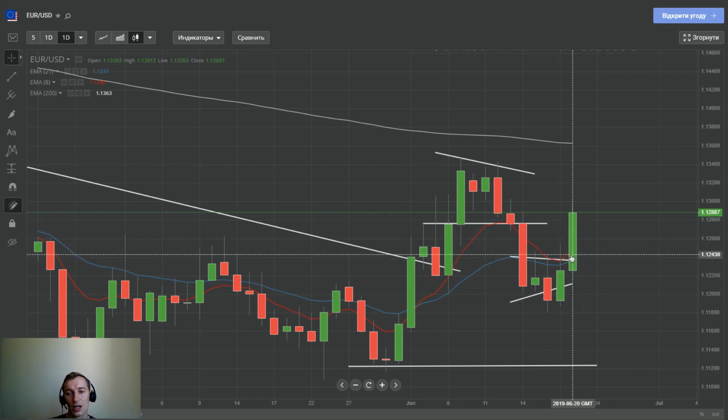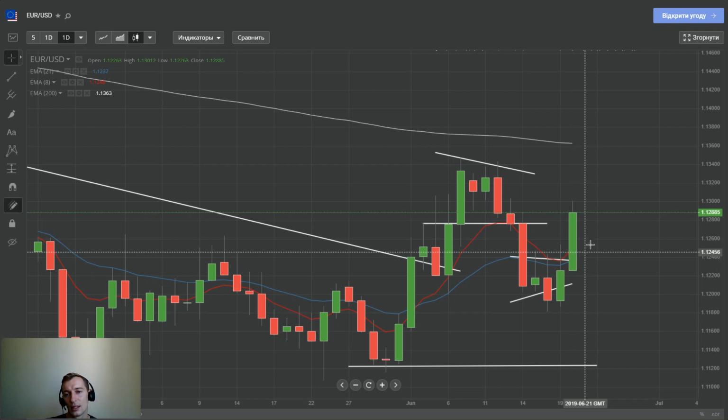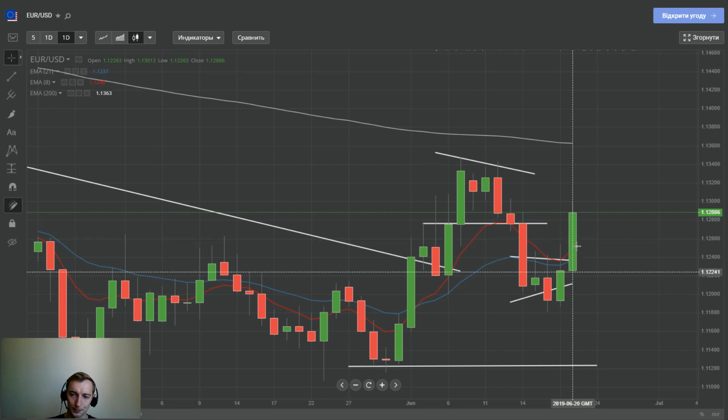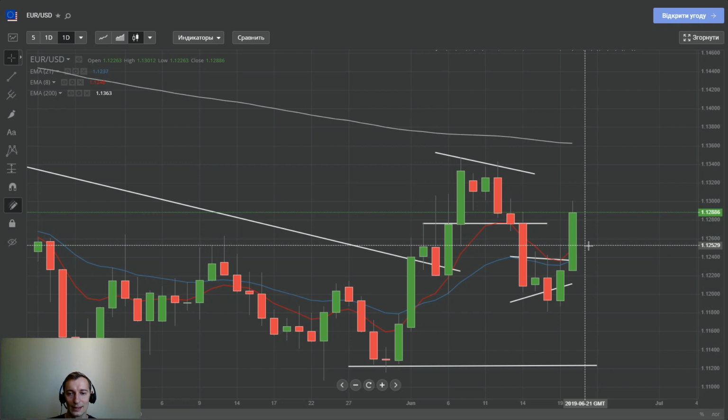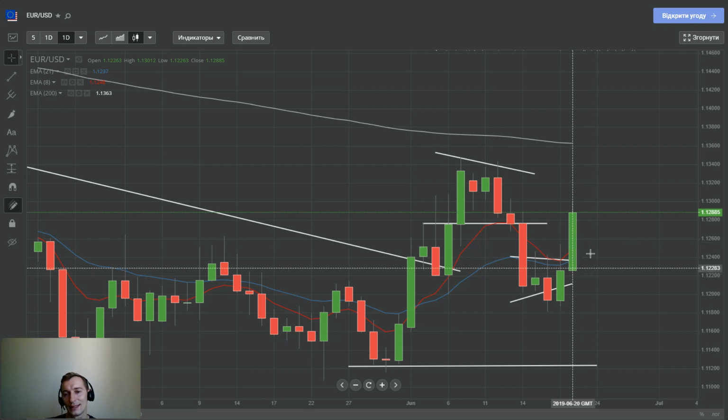Not because the economy is running well, not because GDP is rising, not because, I don't know, employment is low and production is high, just because investors expect some support from central bankers. But for us, as traders, it doesn't actually matter, because we trade what we see. And now I see some power again regained by buyers.